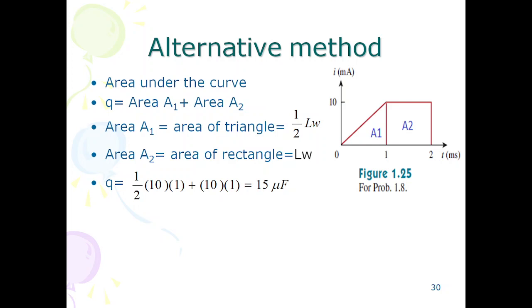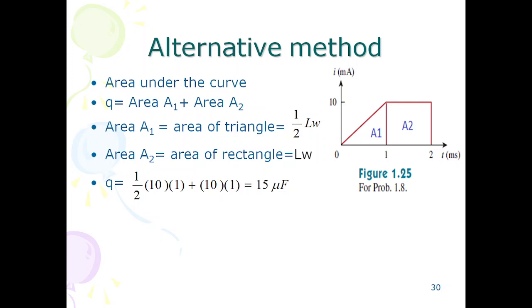Now we have an alternative method to find out the charge. The given wave shape has area 1 and area 2. We split the areas. We have to find out the area under the curve, or the area of the triangle and a rectangle. First, area of a triangle is equal to half into length into width, and the second area is equal to length into width.